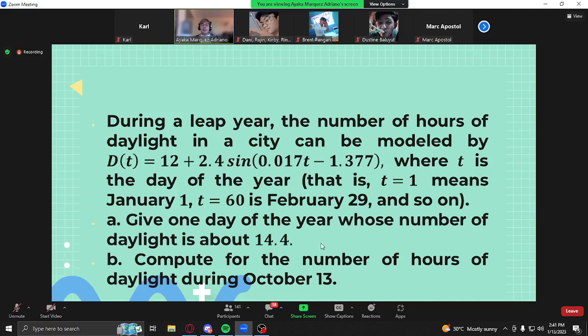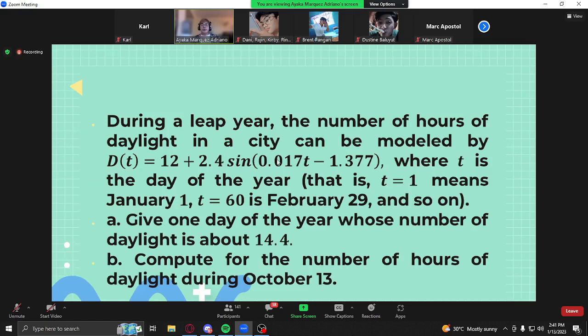So, here's the problem. During a leap year, the number of hours of daylight in a city can be modeled by d of t is equal to 12 plus 2.4 sine the quantity 0.017 t minus 1.377.